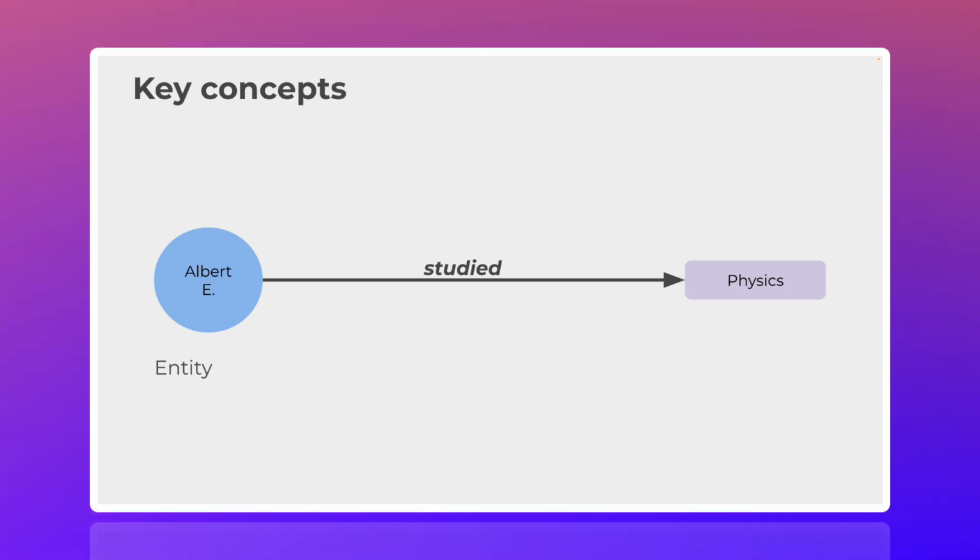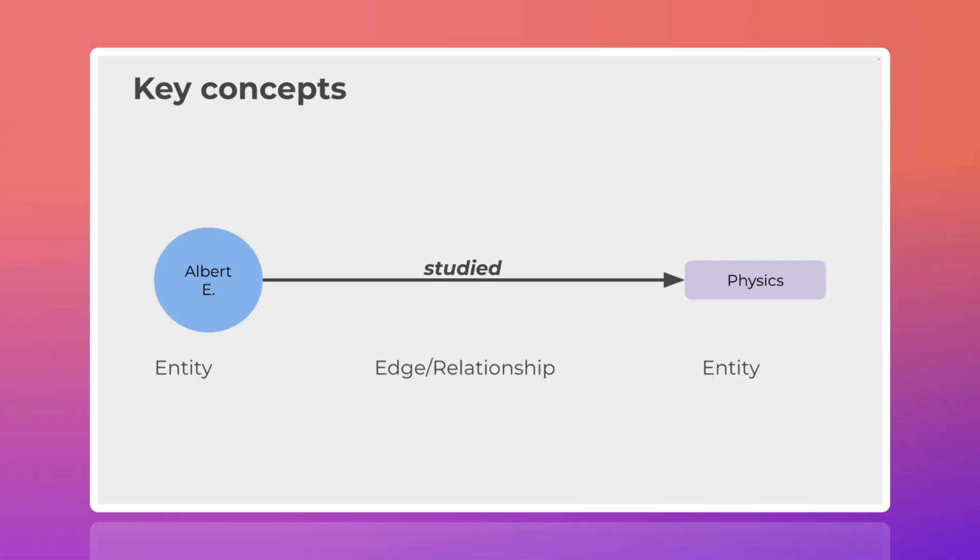Entities are the primary nodes or vertices in a knowledge graph because they represent objects or concepts. This object here is Albert Einstein, and that could include a lot of things: people, places, organizations, and events. At the other end, we also have another entity, in this case physics, a domain of some sort.